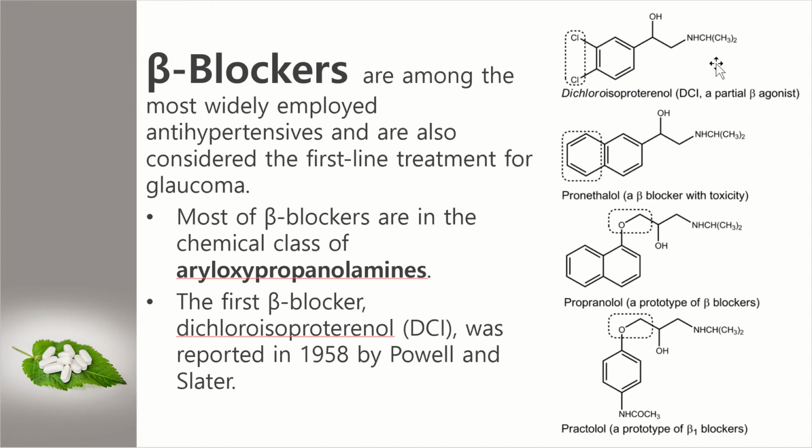This is the structure of DCI, and what should ring a bell at this point is isoproterenol. It's the dichloro part which might throw you off, but this part should ring a bell. As I said, it's a partial beta agonist. So though it's a beta blocker, it's a partial beta agonist as well.